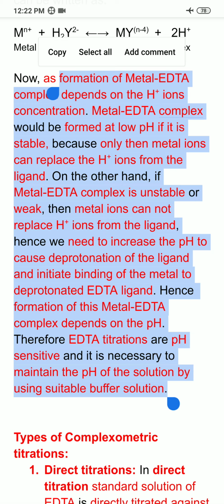So this is the effect of pH on EDTA titrations, and under which type of pH the metal ions will form a complex depends on the type of metal used. So that was all about the effect of pH on EDTA titrations.